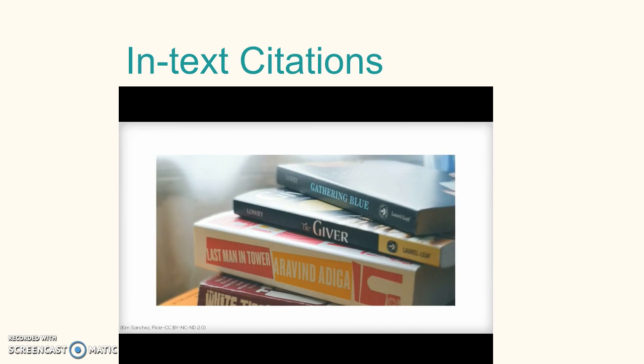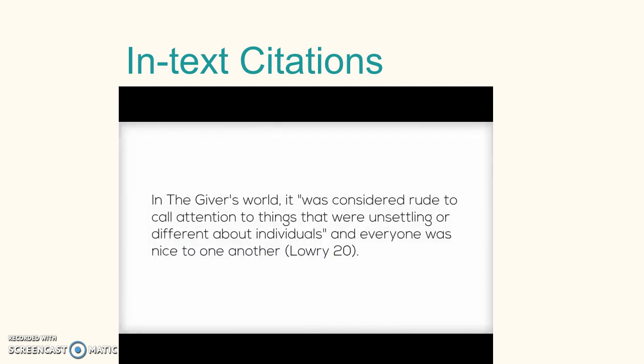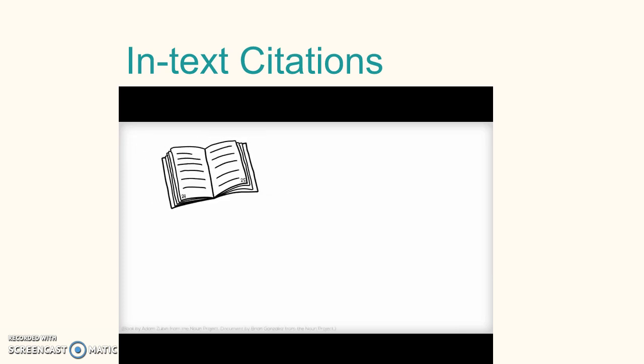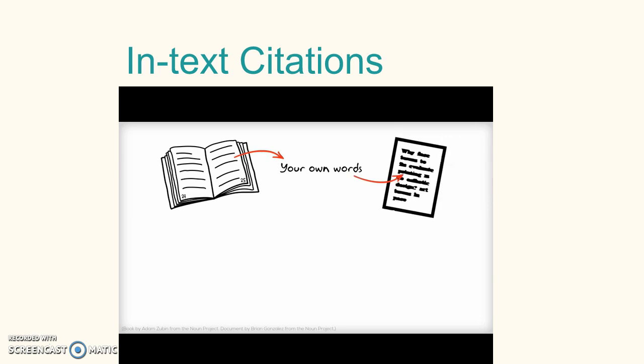Let's say that I found a sentence on page 20 of The Giver by Lois Lowry that explains an important part of the story. If I take all or even just part of the sentence, word for word, and put it in my paper, I would need to include quotations around it and add an in-text citation, like this. Let's say you want to explain something that happened in The Giver, but you explain it in your own words instead of taking it straight out of the book.